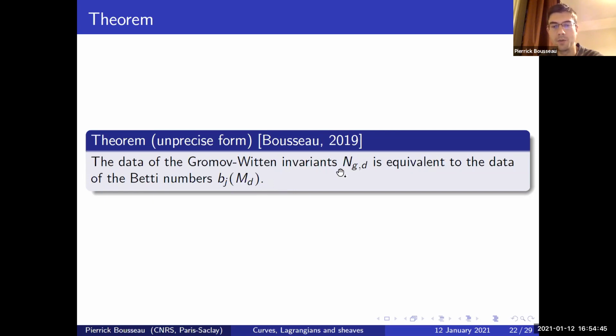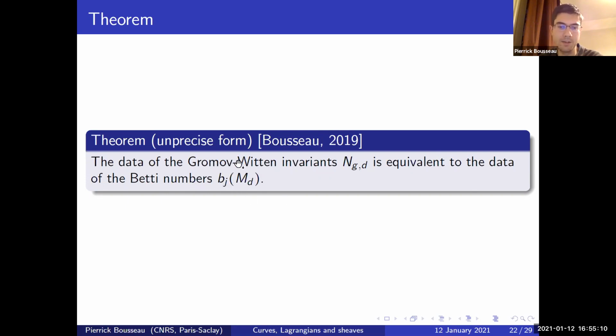On the Gromov-Witten side, to even formulate the question, you need to fix the elliptic curve and then count holomorphic curves with tangency conditions along the elliptic curve. Whereas on the sheaf side, we don't talk about an elliptic curve. You look at all possible coherent sheaves on P2 and all the corresponding moduli spaces.